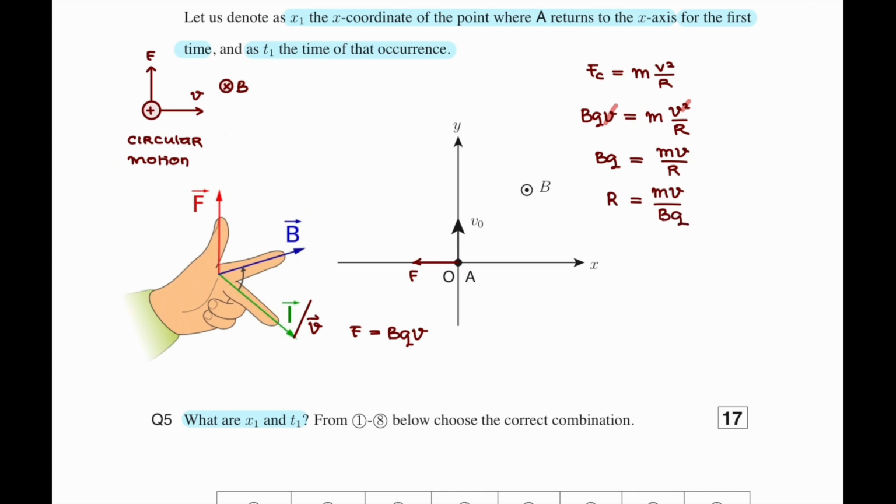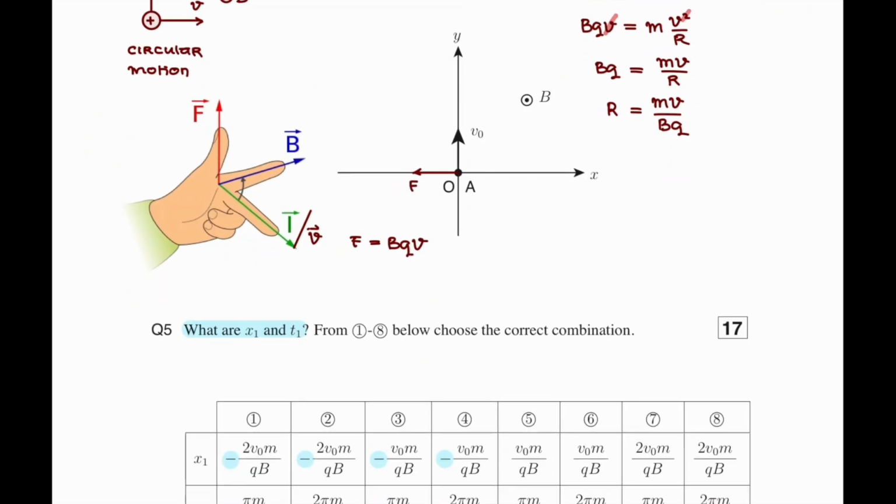This is the radius of the circular motion. So x1 is the diameter, not the radius. r is the radius of the circular motion, but x1 is the diameter of this circle. That means x1 equals 2r.